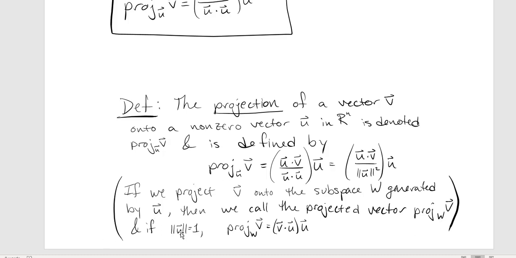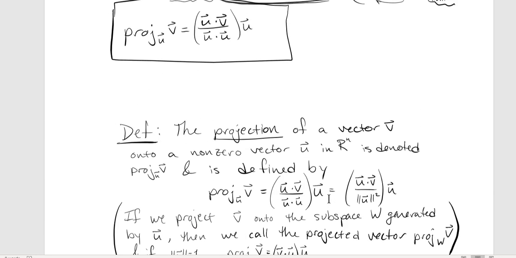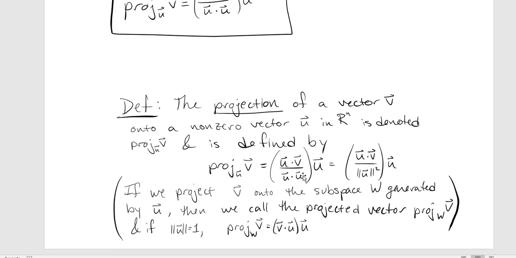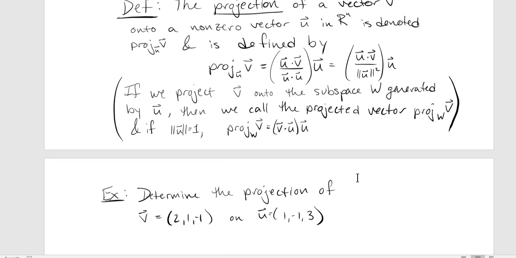And if that u vector happens to be a unit vector, notice this division by u dot u, or magnitude u squared, that's just a factor of 1. So the projection in that case becomes very simple. It's just v dot u multiplied on u. It's okay if I have u dot v instead. That's the same thing, right? Okay, so if we get a unit vector, we saw something about these unit vectors clean these formulas up a lot, like we saw above and as we're seeing here. This formula gets a lot simpler.